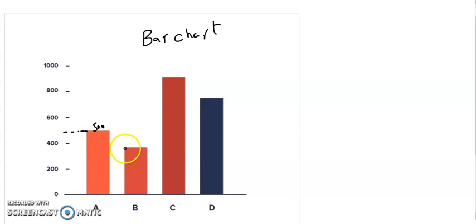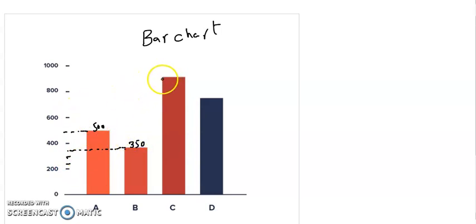And if I look at B, if I draw a straight line from B, it is slightly short of 400. If I divide it into equal intervals, I can draw almost 4 equal intervals for them. So I can say the height of this one is almost 350.